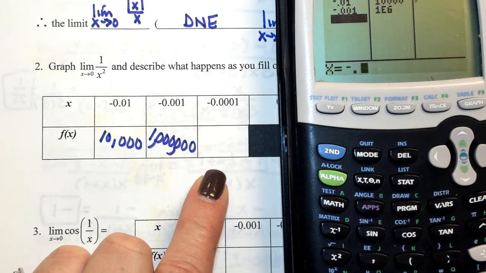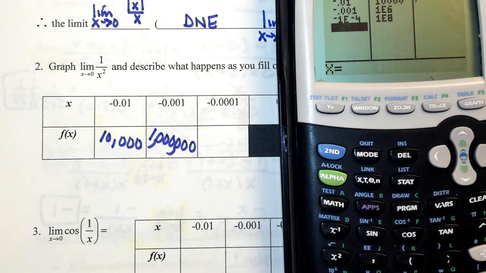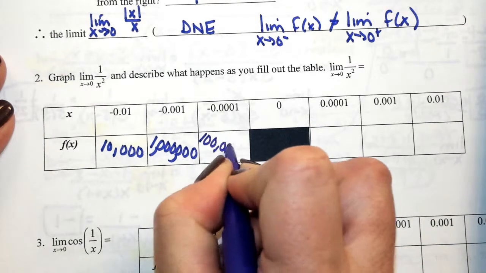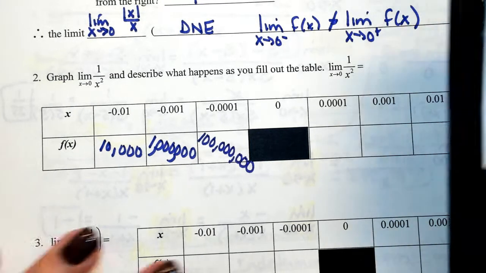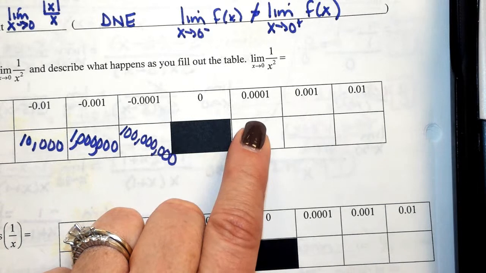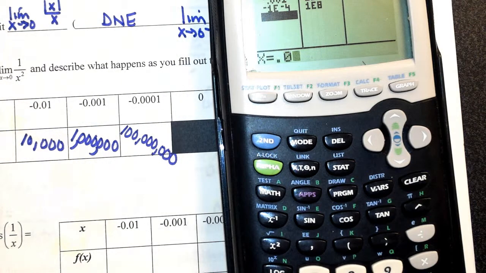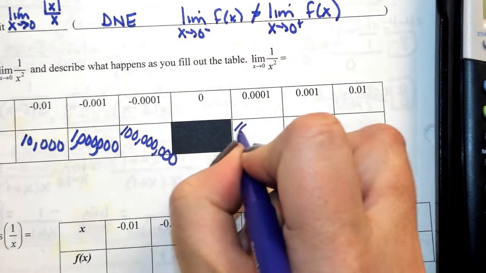And then negative 0.0001, three zeros and a 1, I end up with a 1 and then 8 zeros. So 100 million. Now if I look slightly larger than 0, so I go to the right of 0 and plug in 0.0001, again I end up with 100 million.